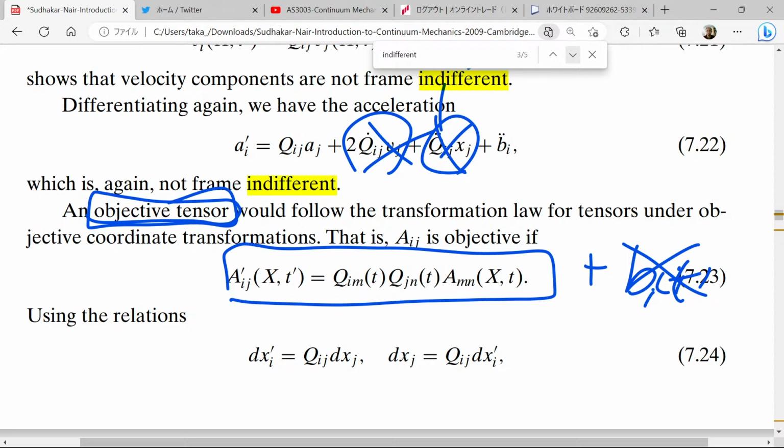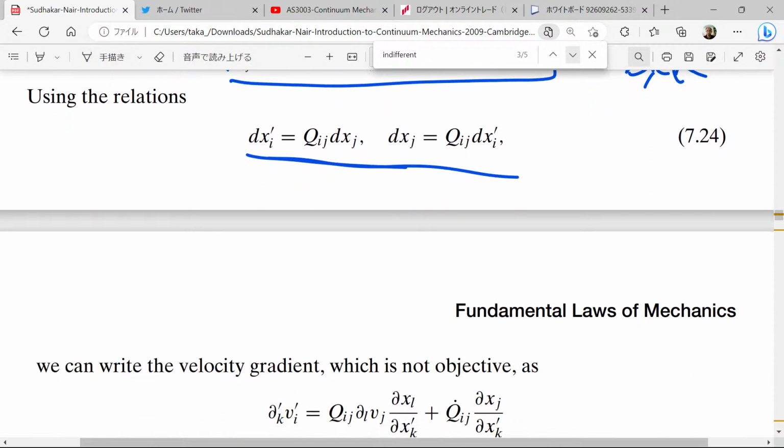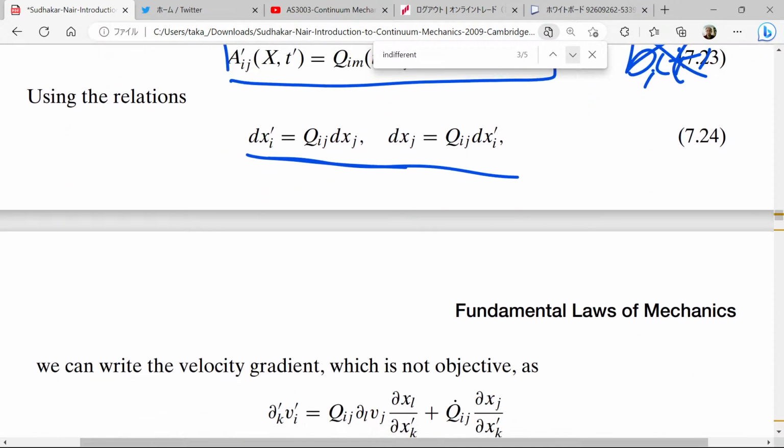Using this relation, we can write the velocity gradient, which is not objective as well.